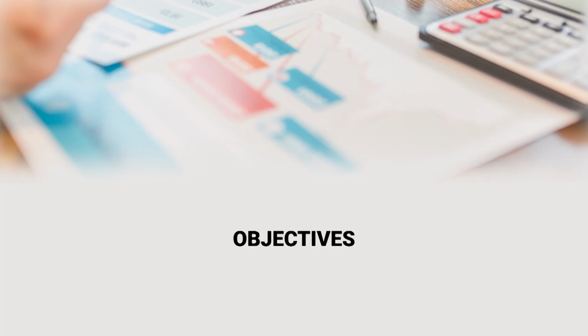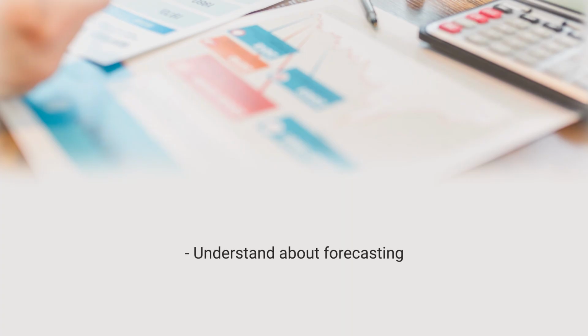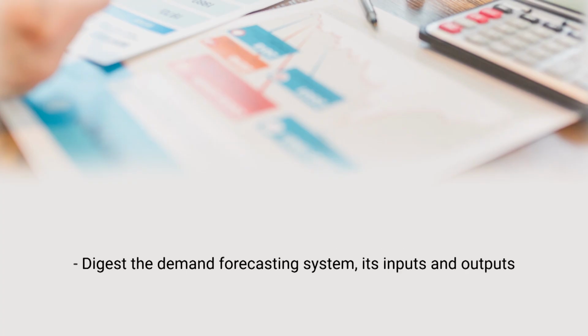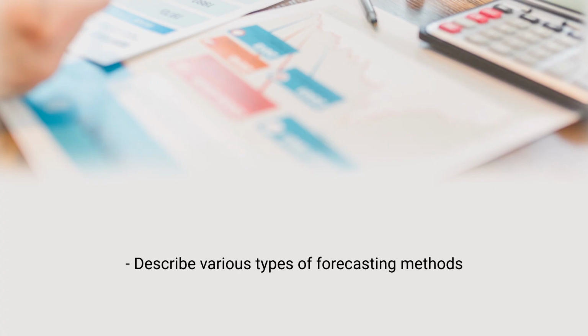What are the objectives? These are standard objectives: understand what forecasting is, understand the procedure of forecasting, and digest the demand forecasting system, its inputs and outputs. Describe the various types of forecast methods and estimate system performance.